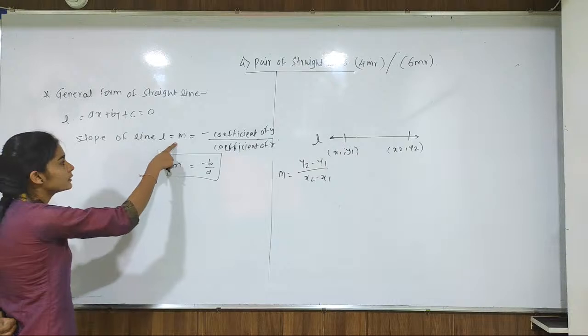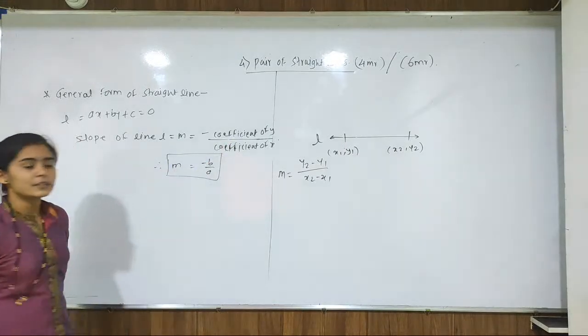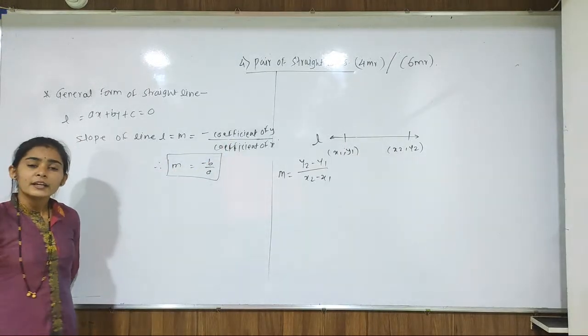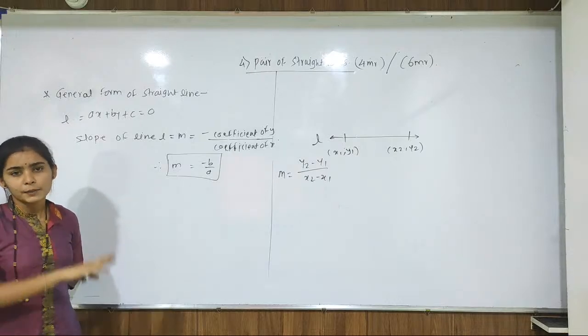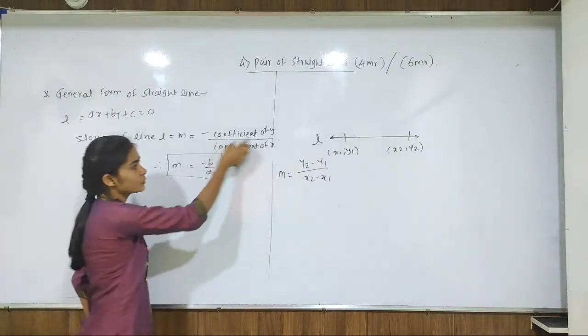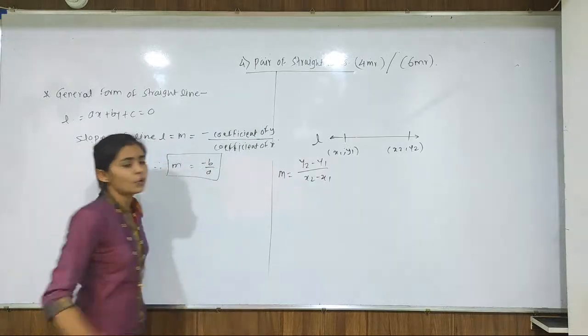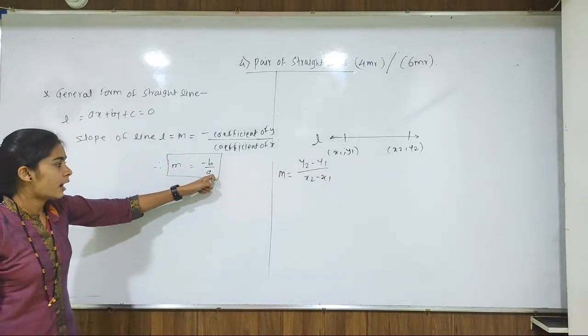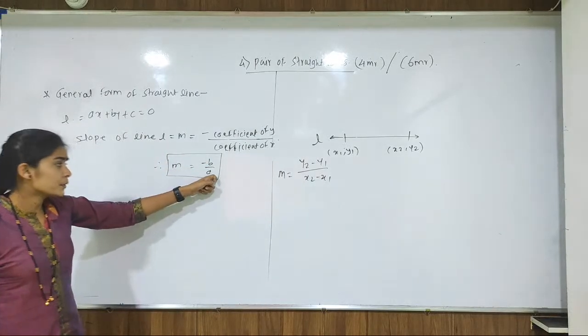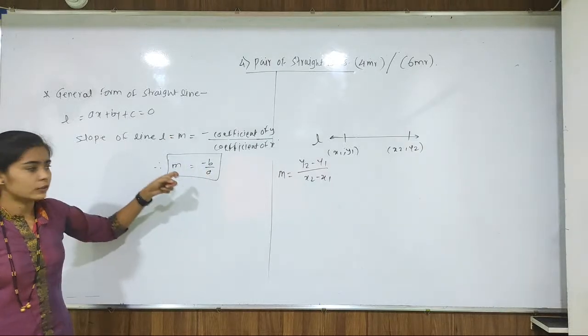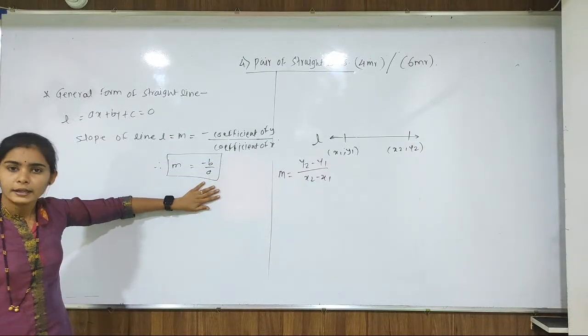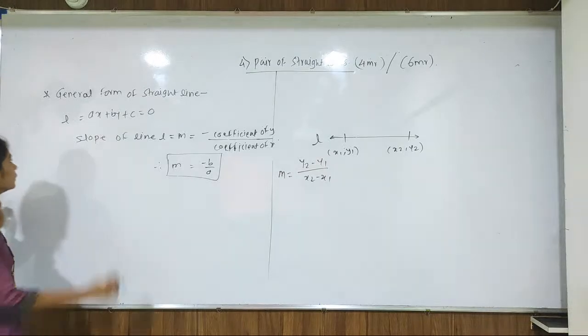Slope of line is equals to minus of coefficient of y upon coefficient of x. हे आपलं ऑलरेडी 10th मध्ये झालं असेल, मे बी 11th मध्ये आपण बघितले. Coefficient of y is b and coefficient of x is a. So m is equals to minus b upon a. Okay, with the help of this.